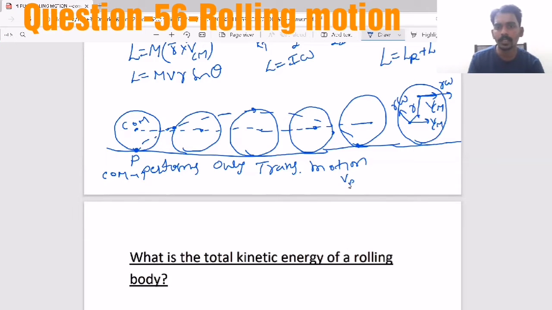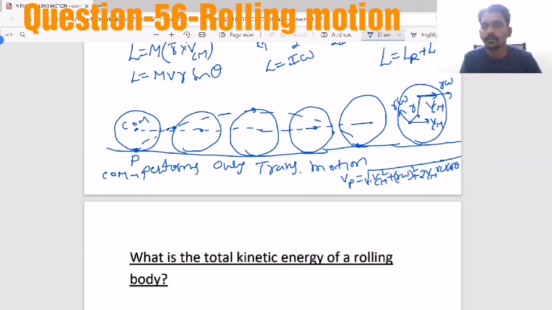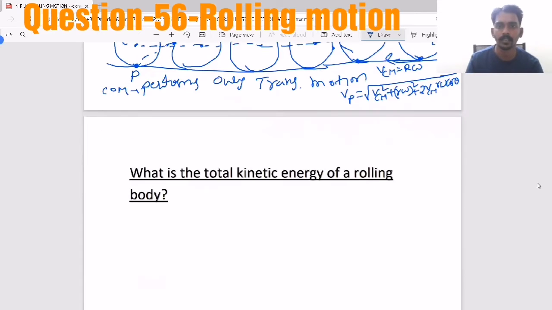So the resultant velocity of the particle will become the square root of VCM square plus r omega whole square plus 2 VCM r omega into cos theta. That is the vector resultant of both velocities. R omega is due to rotational motion, and VCM is due to translational motion. On the periphery, VCM is equal to R omega for pure rolling.